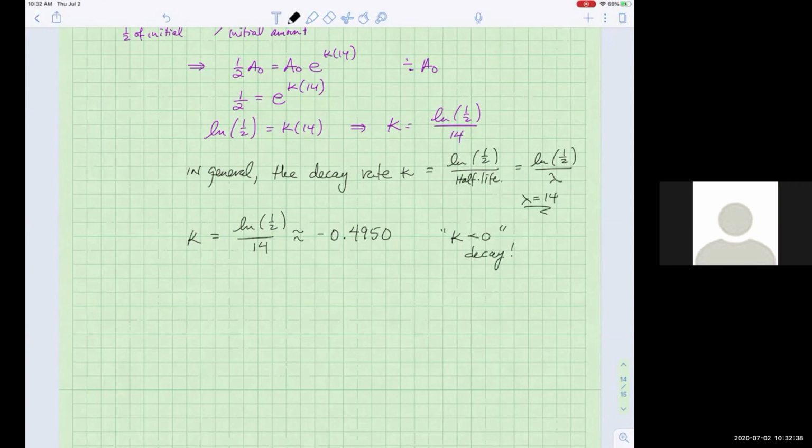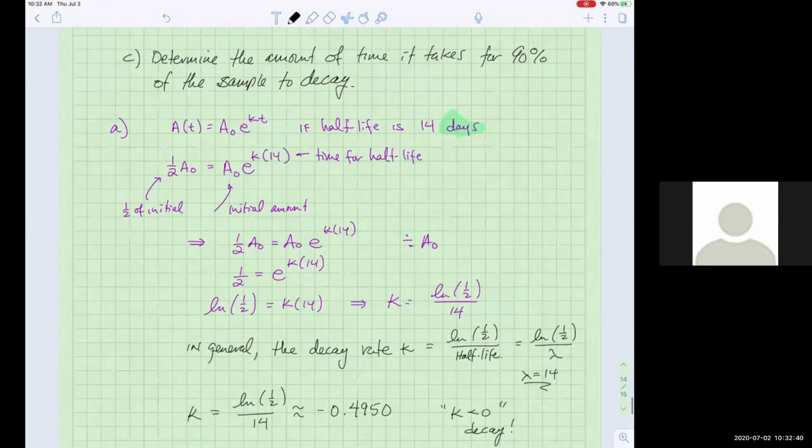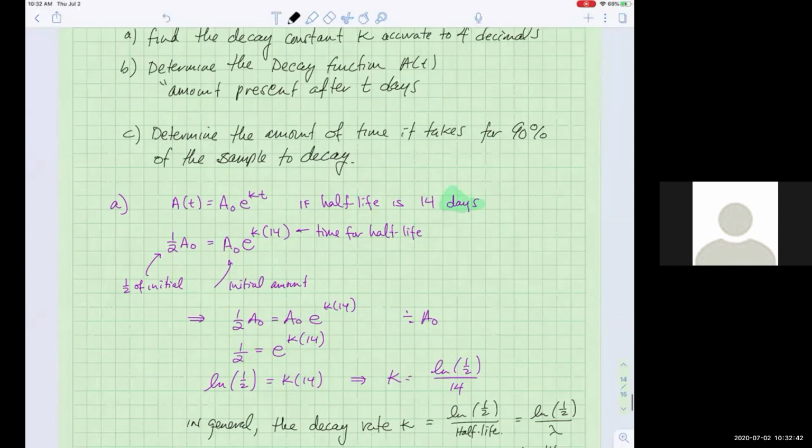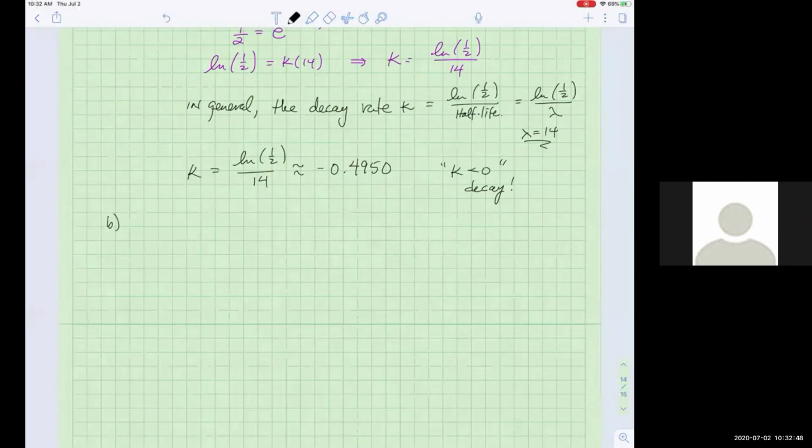Okay, that's great. Then for part B, determine the decay function, which is the amount present after t days. Well, for part B, that's just A of t is equal to A naught e to the kt, where A naught is our initial amount, 2, and we have our decay rate, negative 0.495 t.